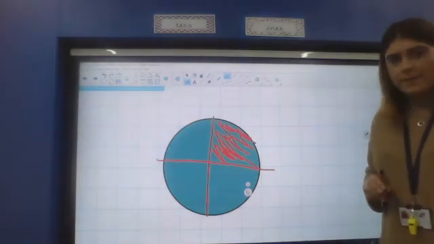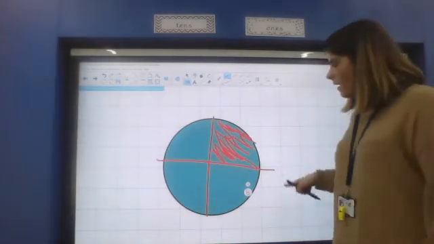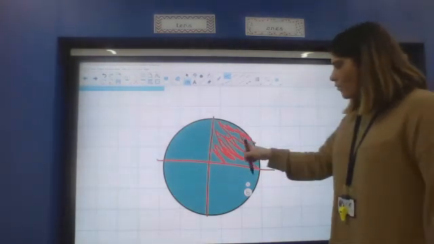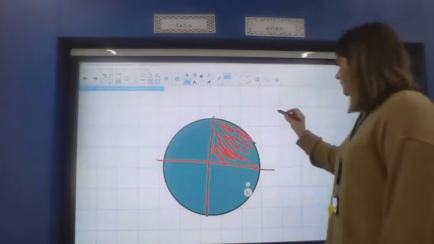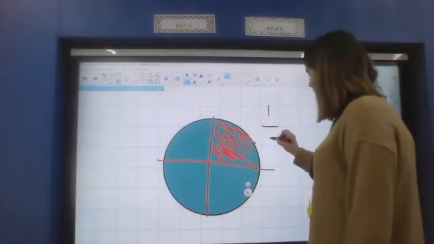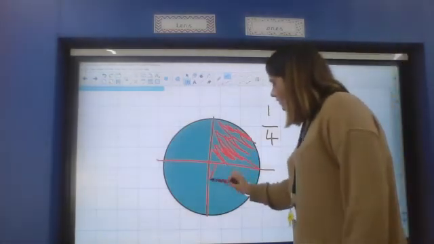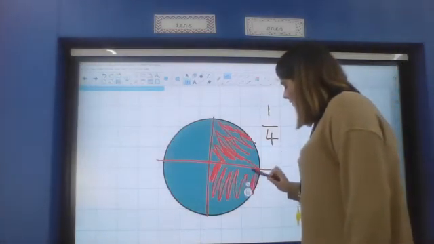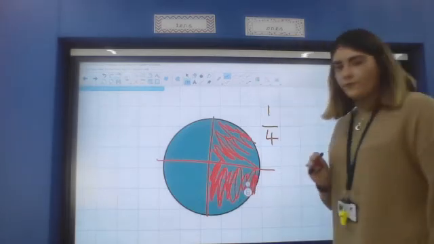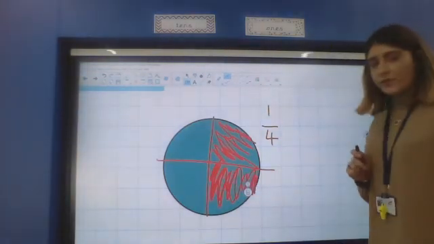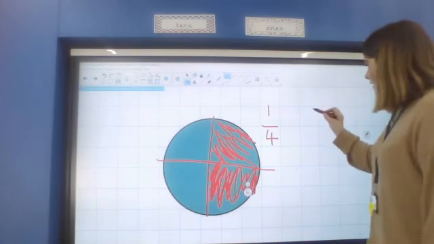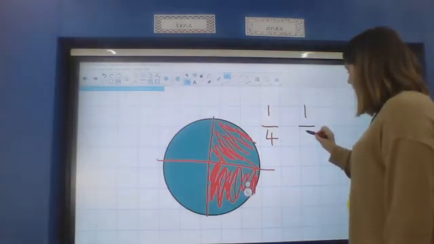What would that fraction be? I've got 4 equal parts and I've circled 1 part. That would be 1/4. Going to shade in the next part now. What have I shaded in now? Some of you might say 2/4. We can also say a half.